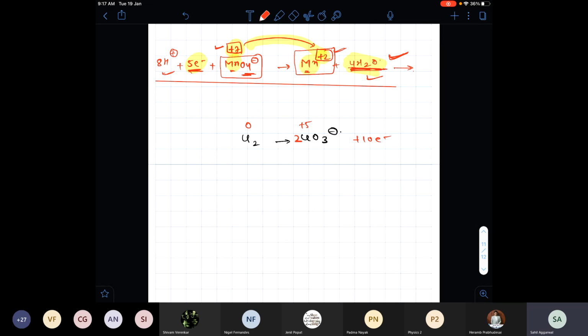Any doubt till here? So how did the 10 come? On the left hand side, how much charge do we have? 0, sir. Right hand side charge is plus 5, and we have 2 times that molecule. Okay.